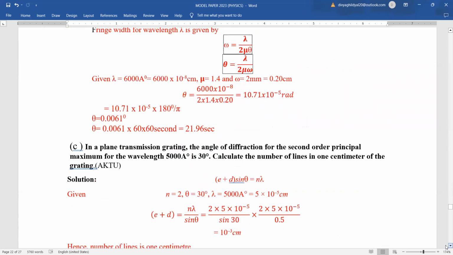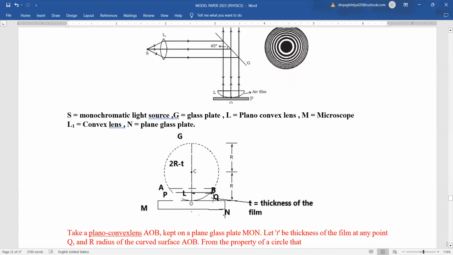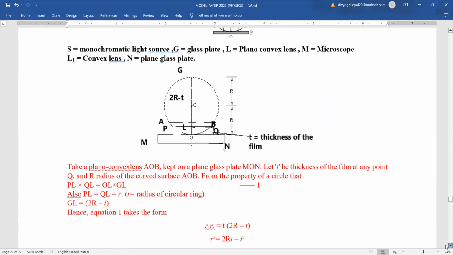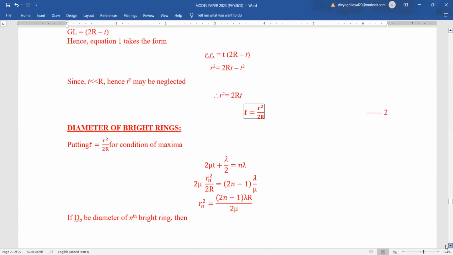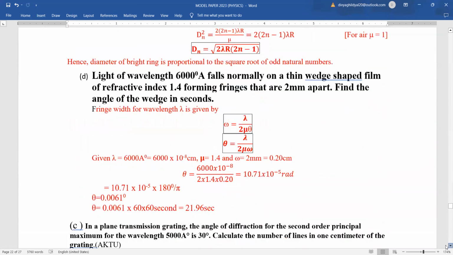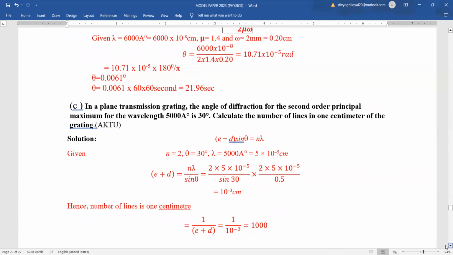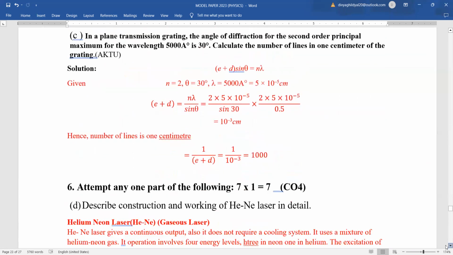Likewise, for a numerical on the wedge-shaped film, in case it has been asked in the paper, I will use the formula after reading what the numerical is asking. Plane transmission grating: (e plus d) sine theta equal to n lambda.